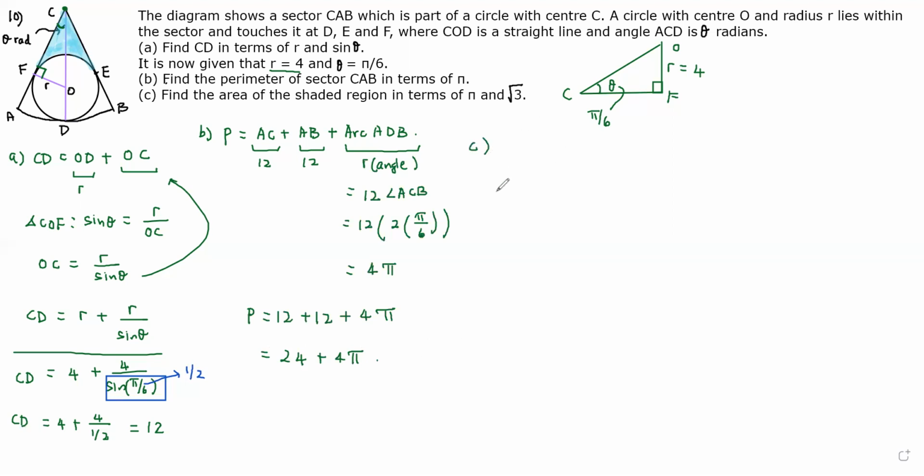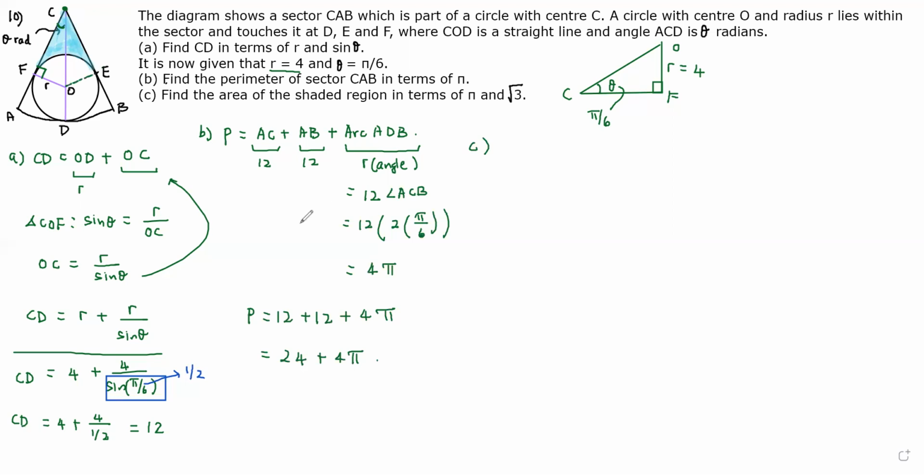Part C, we need to find the area of the shaded region in terms of pi and square root of 3. Let's look at this.